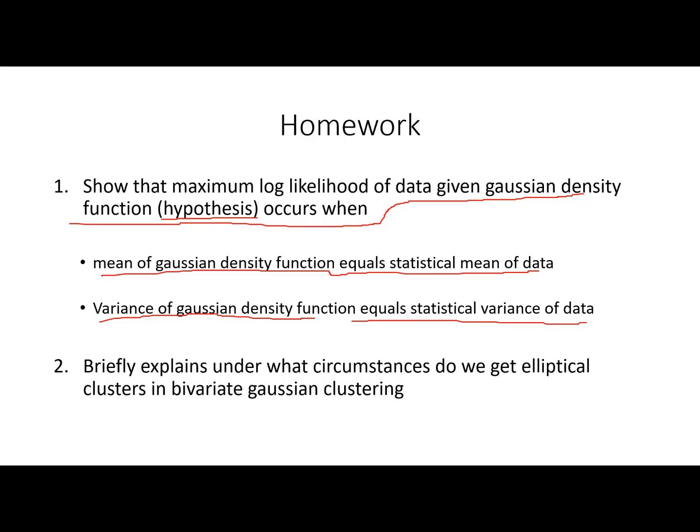And if you can remember, we used this result in our discussion on Gaussian mixture model learning problem. And you're also required to briefly explain under what circumstances do we get elliptical clusters in bivariate Gaussian mixture learning problem.